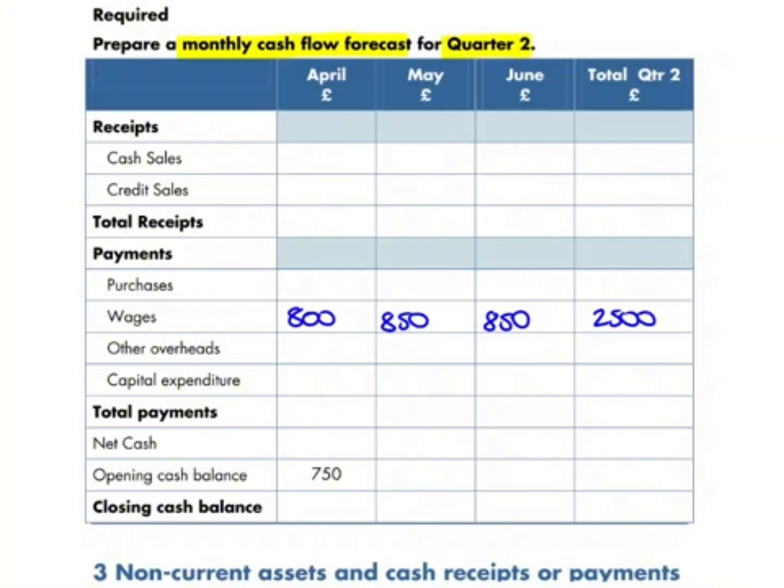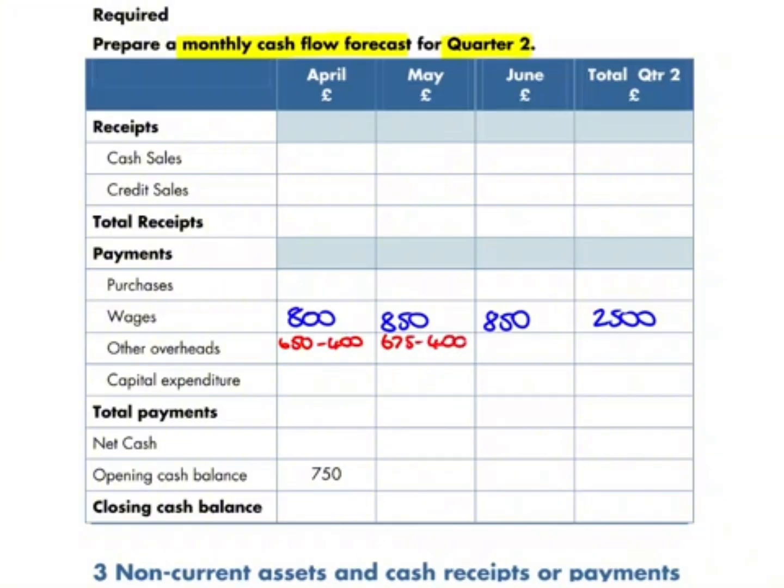Okay, other overheads we can do now, but we've just got to remember to subtract off £400 every single month to account for the depreciation, which doesn't have a cash outflow associated with it. So in April, we're going to take £650 and subtract off £400. In May, £675 less £400.